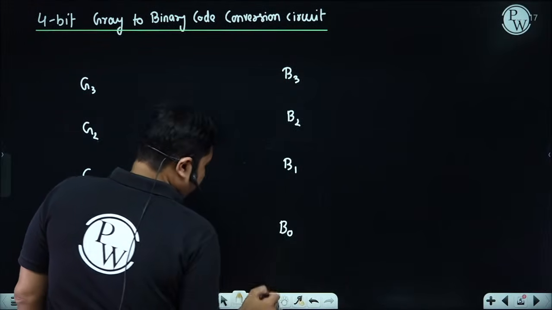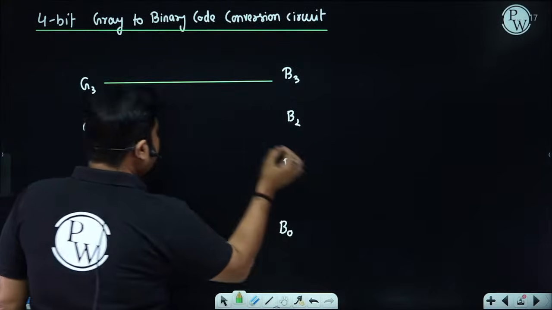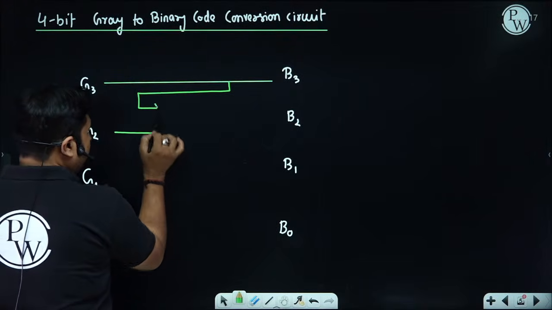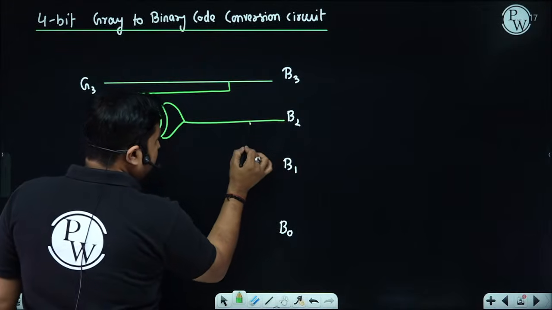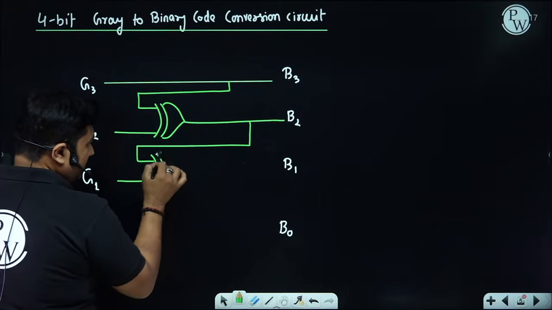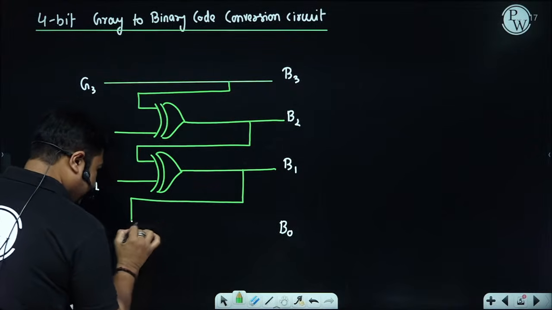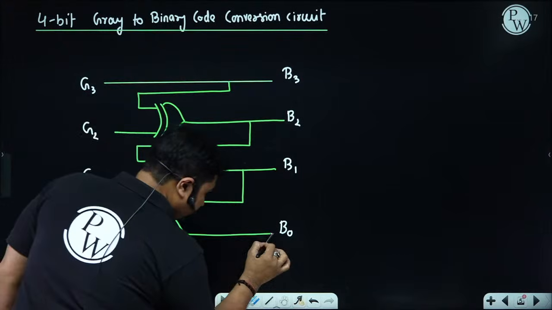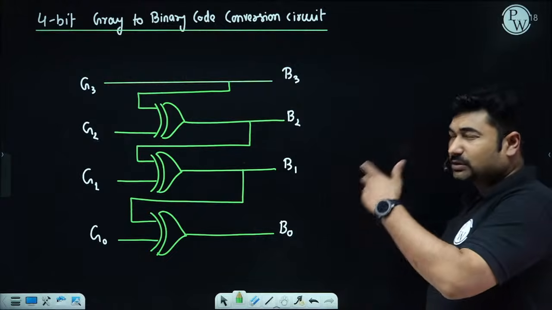Now the output binary bit and the next input gray code bit are XORed to get the next binary bit. The same process goes on till the least significant binary bit. Is it okay? We will see the method also, how we have designed this.